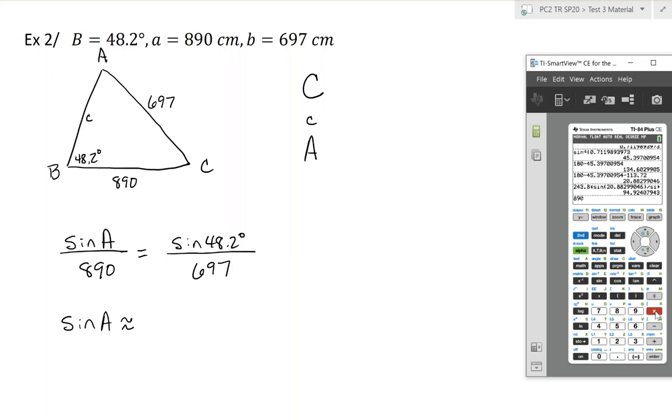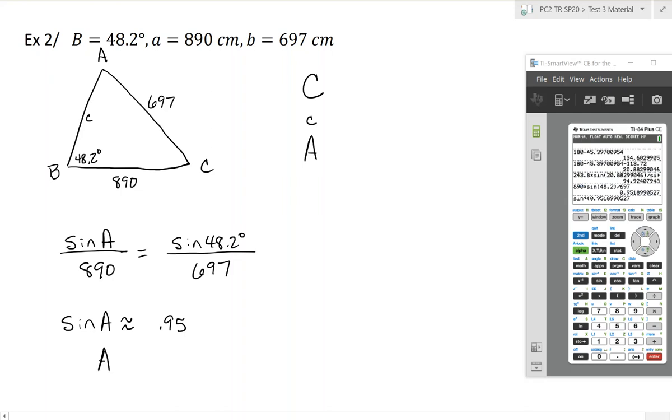890 times the sine of 48.2, divide by 697, and I get about 0.95. Okay, now we can take the inverse sine to figure out what big A is.